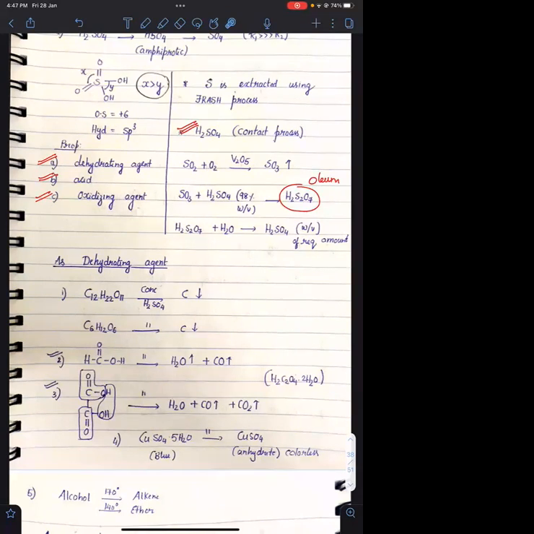What you need to remember is that SO3 is formed from SO2 using V2O5. Once you form that SO3, you can directly put it in water, which will lead to the formation of H2SO4.